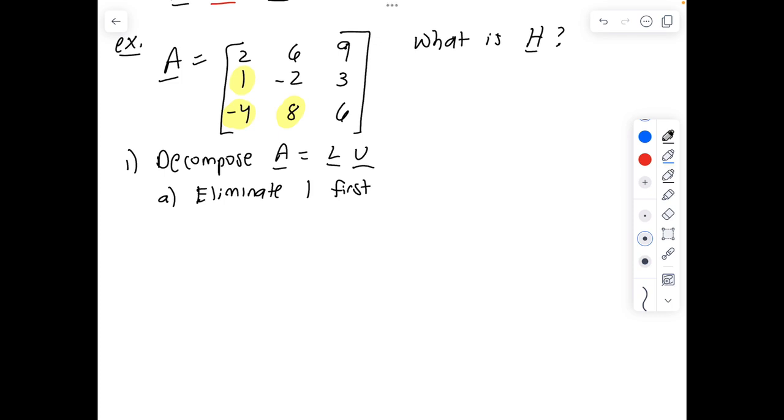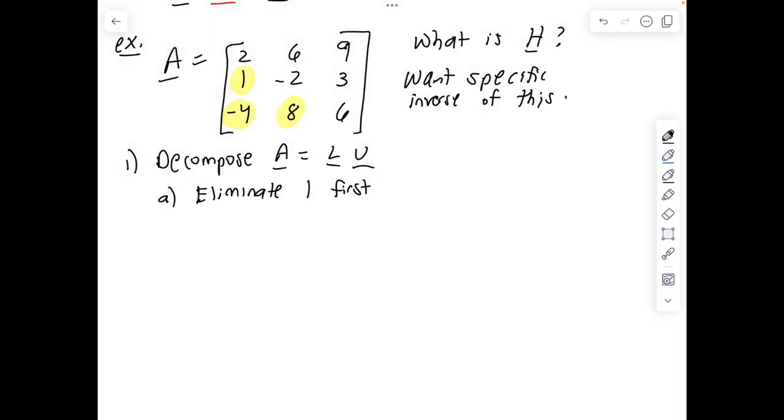I'm not trying to solve a system where pivoting would be better. I want the specific inverse of this matrix. If I change things around, I do not end up with the same exact matrix. So we're going to not pivot anything. We're just going to eliminate the 1 first.